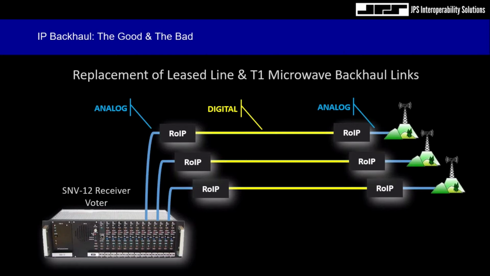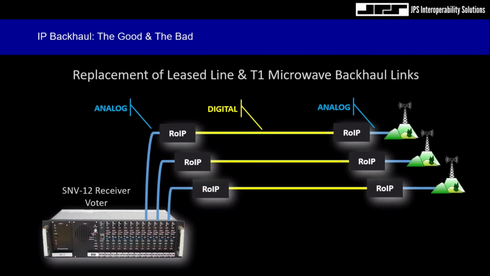In this example, each of the receive backhaul links is supported by radio over internet protocol devices that convert the analog receive audio to a compressed digital state, which can then be delivered over the network in the form of a UDP packet. That packet is received by another RoIP device that decompresses the audio from the UDP payload, which is then converted back into an analog voice information state, and finally presented to the SNV12 voter for noise assessment.